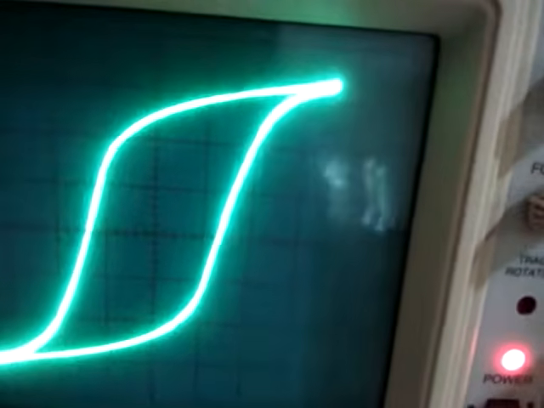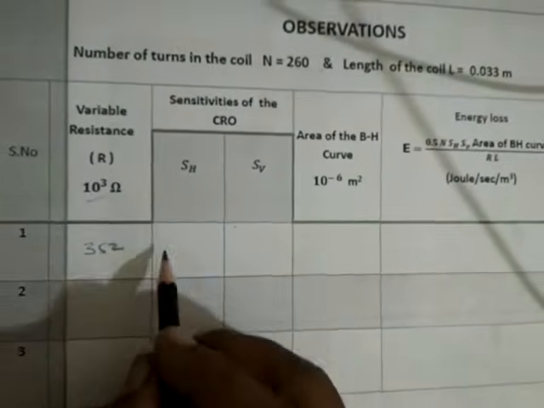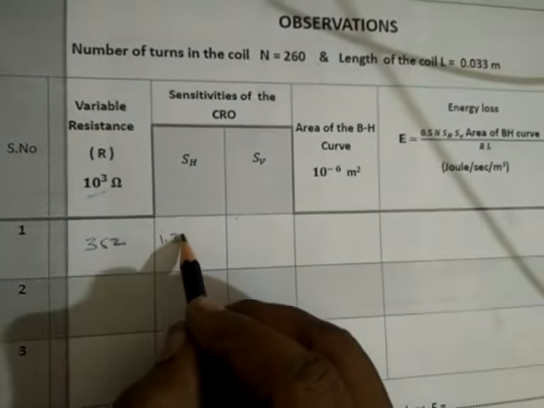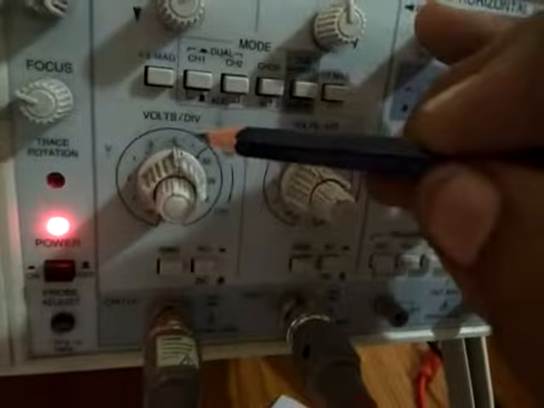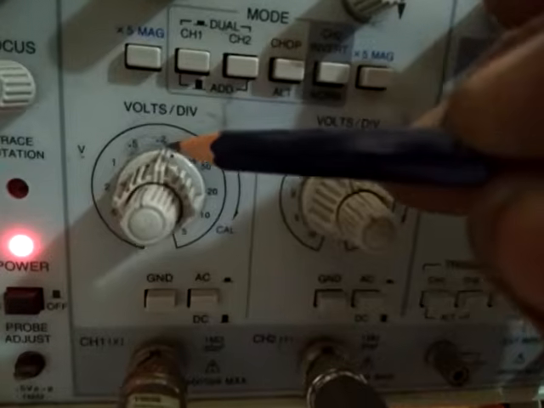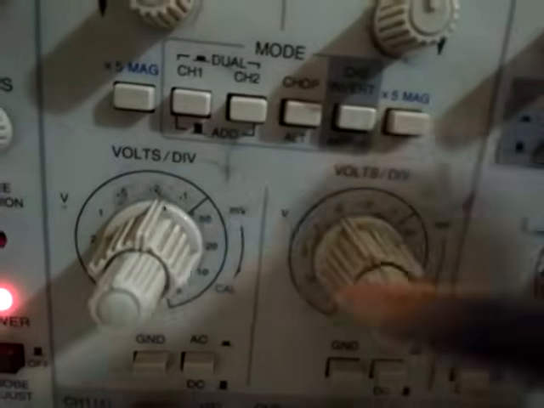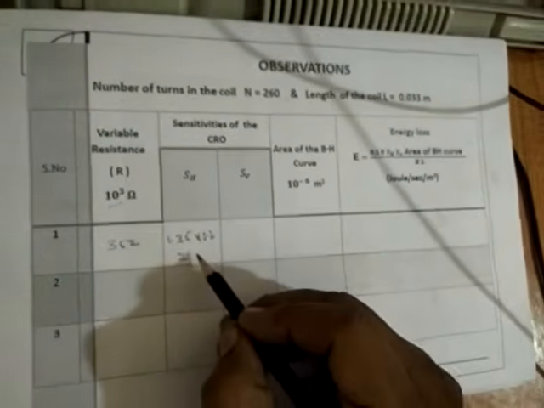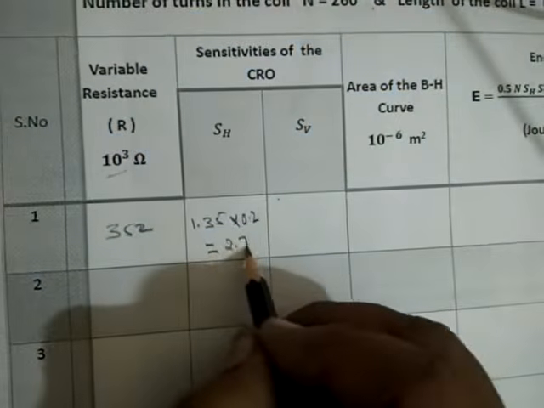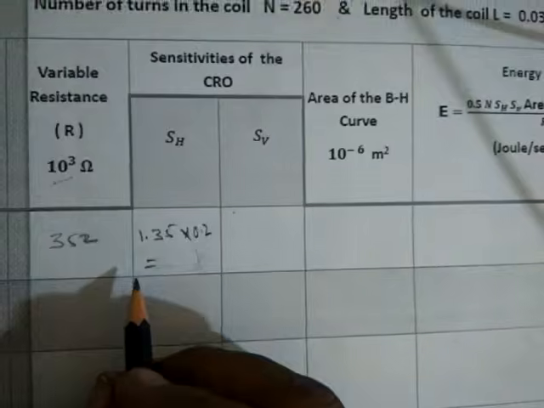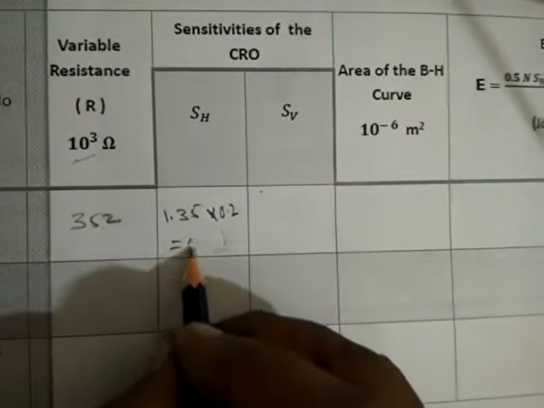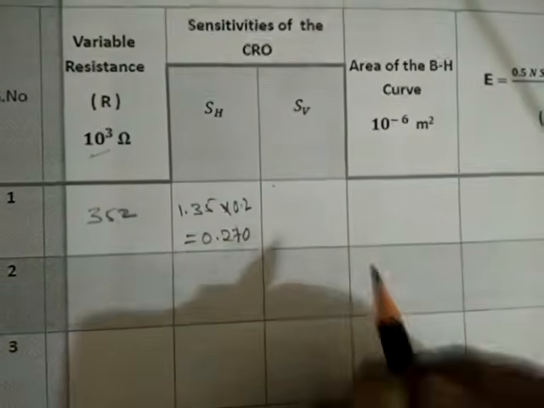That arrives at a value of about 1.35. The horizontal sensitivity can now be written as 1.35 into, we have to take here the magnification. The magnification, you can see we have adjusted to 0.2 value on the scale. So you have to multiply this by 0.2. Now the value arrives to be 2.7. Sorry, it is not 2.7, it is 0.270.